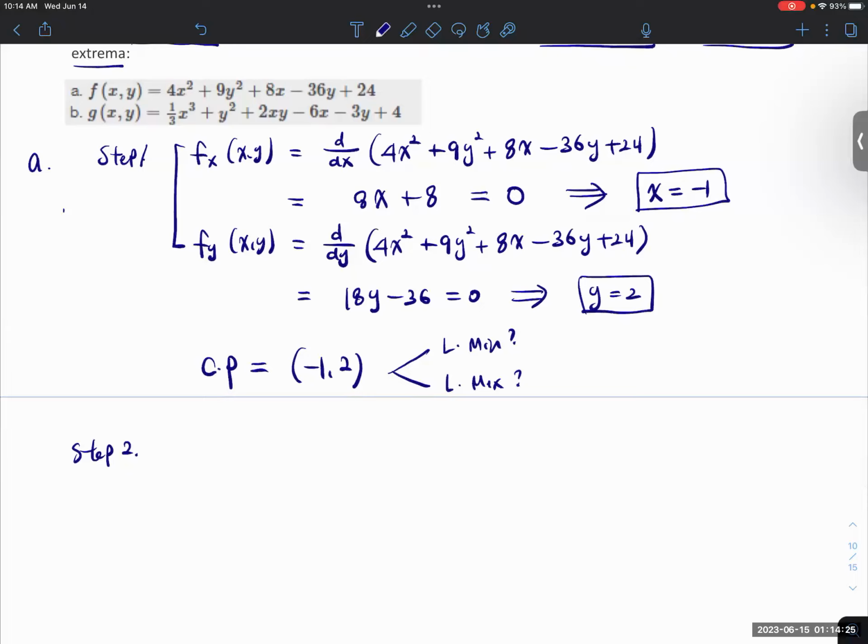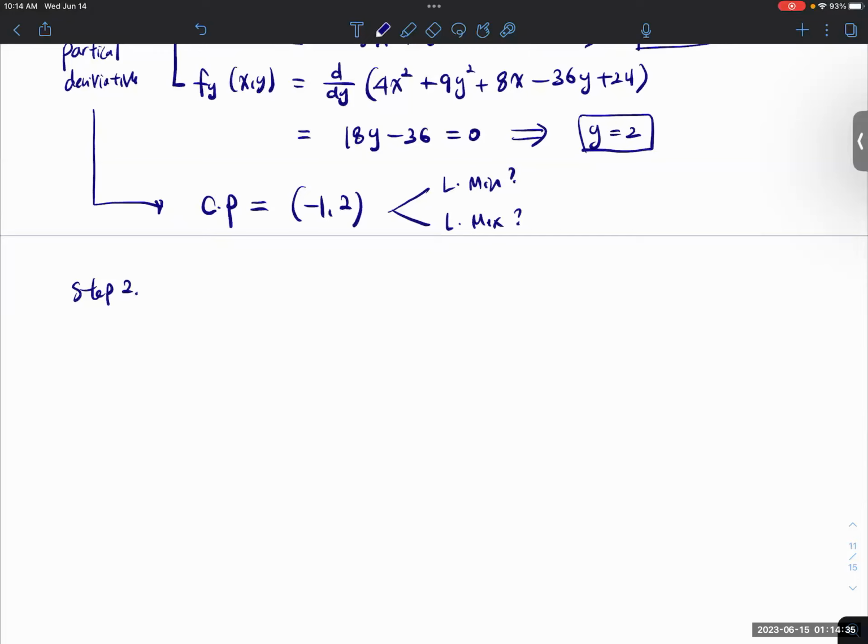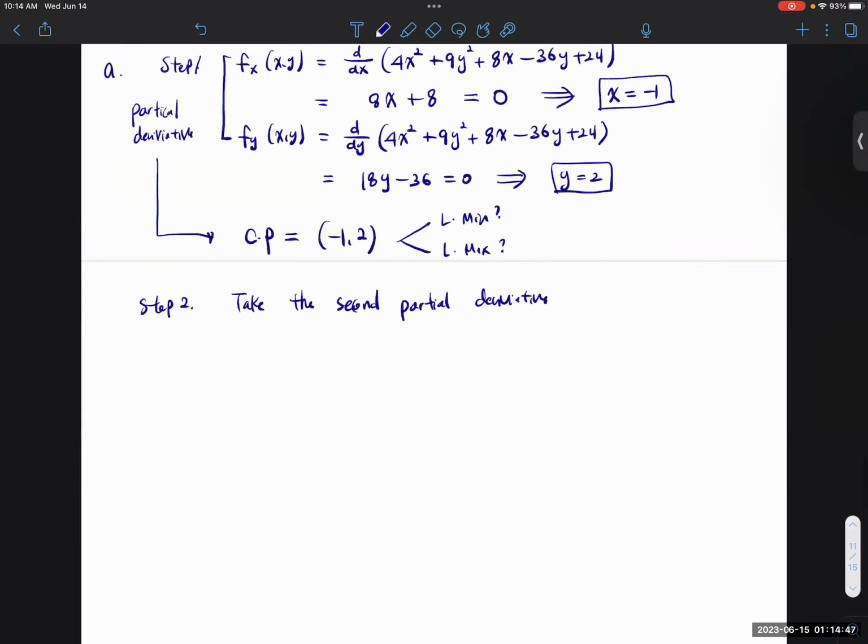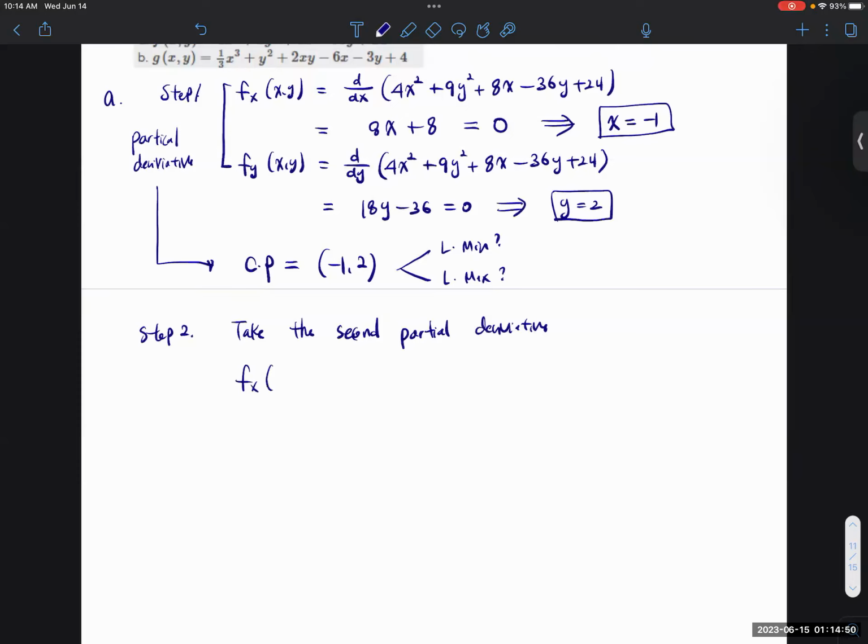So this was just the partial derivative to find the critical points. Now we are going to take the second partial derivative. We already know the partial derivative of x is 8x plus 8.